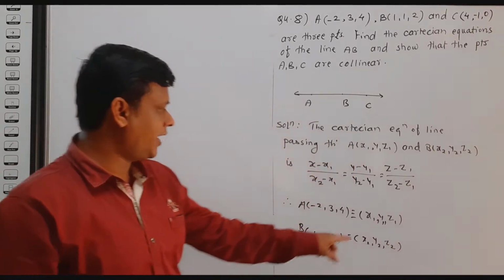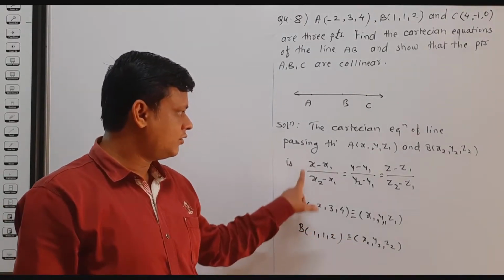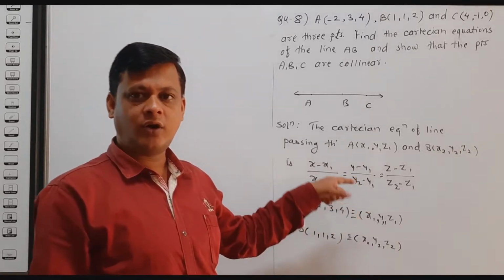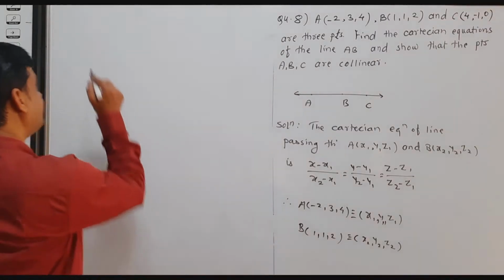Now substitute the value of x1 as -2, x2 as 1. Similarly substituting the values of y1, y2, z1, z2, we get the required equation of line AB.